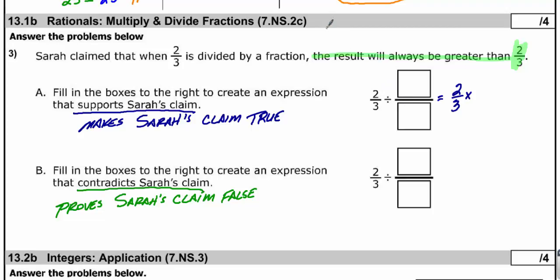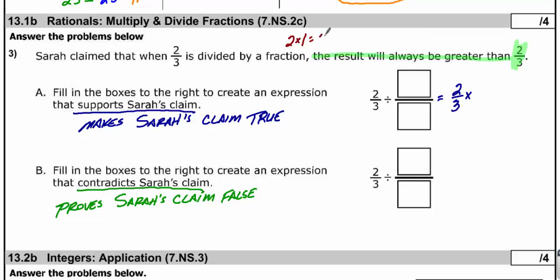Something we should remember from our previous work is that to get a number greater than you start with, you have to multiply by something bigger than 1. If you multiply by 1, you get what you started with. You've known that since probably 3rd grade.